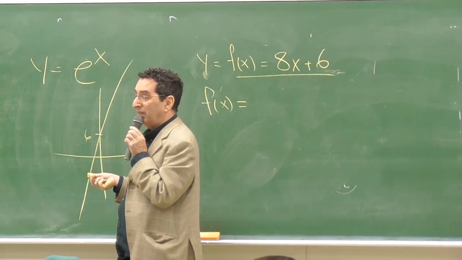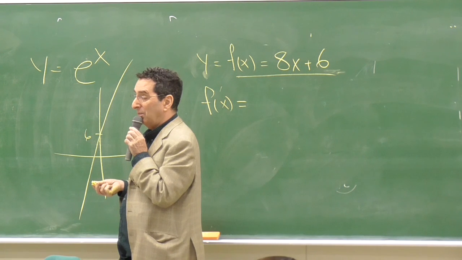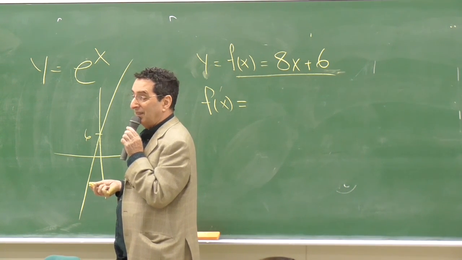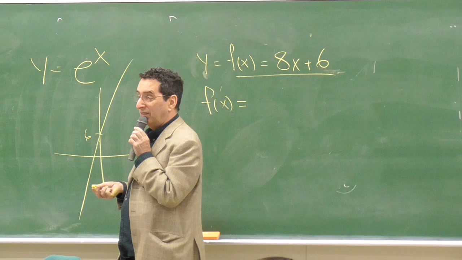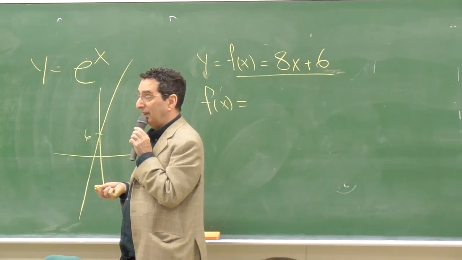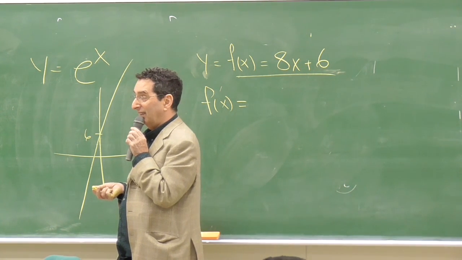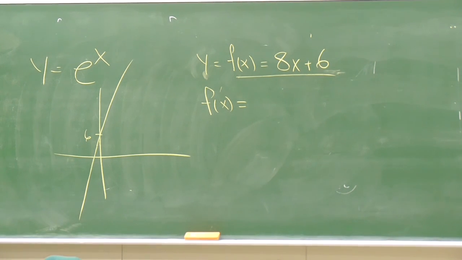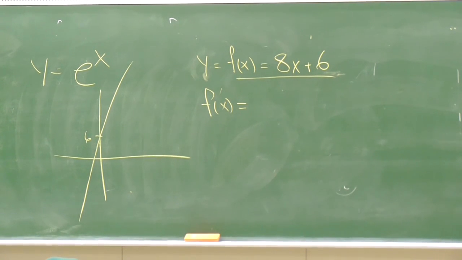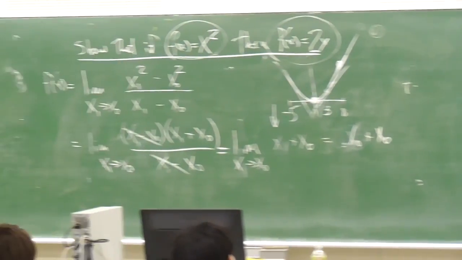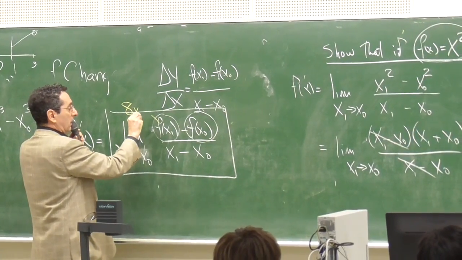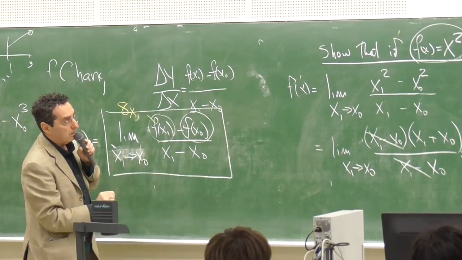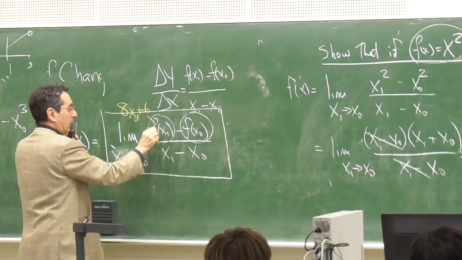Now, all the work for the derivative is just supposed to tell us the slope of the tangent line, but that's going to be 8 everywhere. So the answer is going to be, or it better be, 8. So in other words, if you do that here, what should I replace this by? This one is going to be 8x1 plus 6, right?